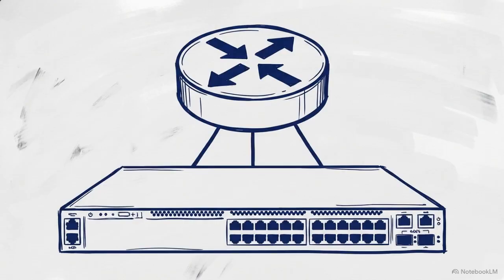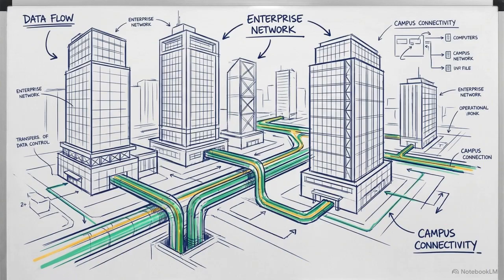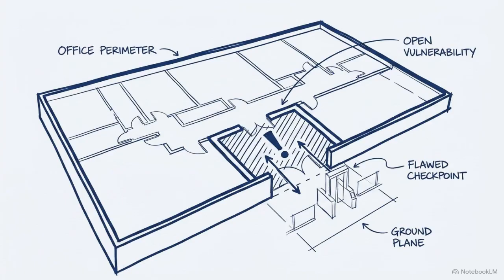While a basic switch only understands how to move data along local wires, a router is a Layer 3 device, smart enough to read network addresses and carefully guide messages across the virtual borders we've built. Trunk ports allow your network to grow to any size, and inter-VLAN routing allows your departments to communicate on your exact terms.